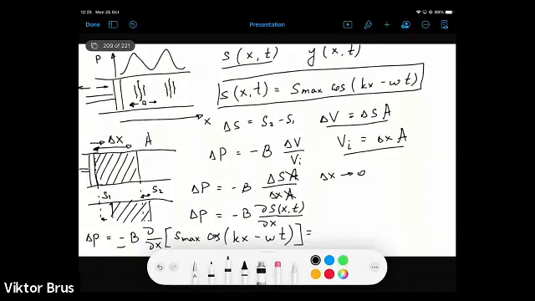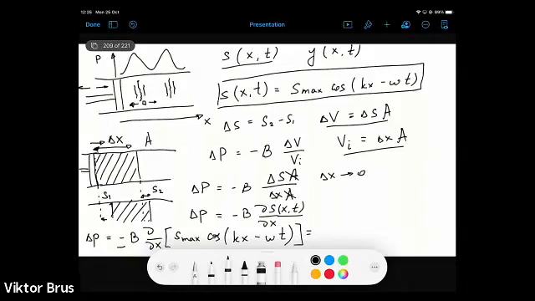Then the constant S max will be. Time is considered as constant because we take the partial derivative over X. And when we take the derivative of the argument of the cosinus, we will get K, our wave number.